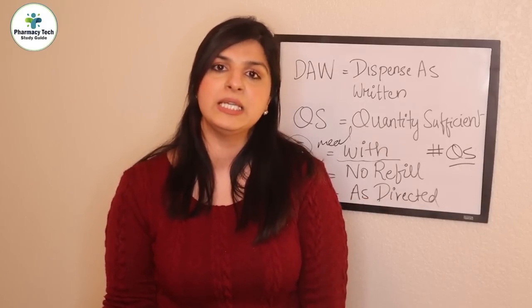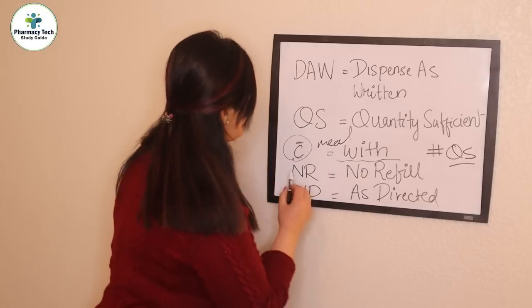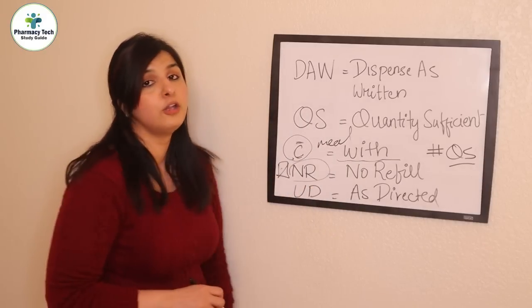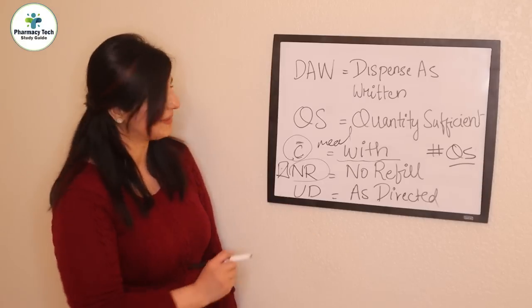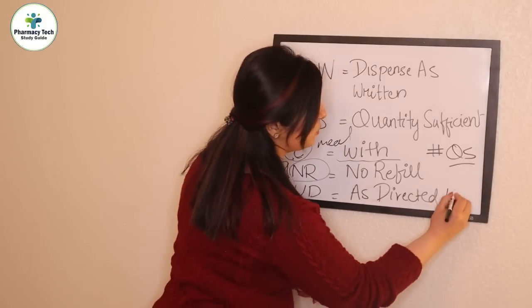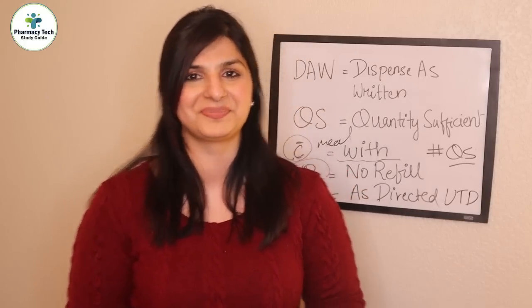If a prescription has NR box checked, that means that prescription has no refill remaining after that prescription has been filled. The last one I'm going to talk about for this video is UD, or it could be UTD. Both of those abbreviations mean use as directed.